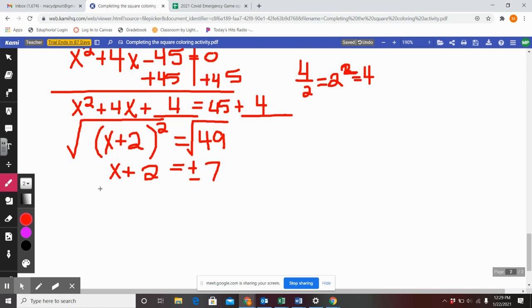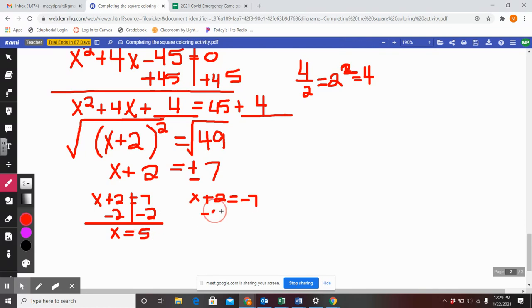So my answer is going to be x plus 2 equals the positive 7, and x plus 2 equals negative 7. And then I just solve for x. Minus 2, minus 2, x equals 5. Minus 2, minus 2, x equals negative 9.